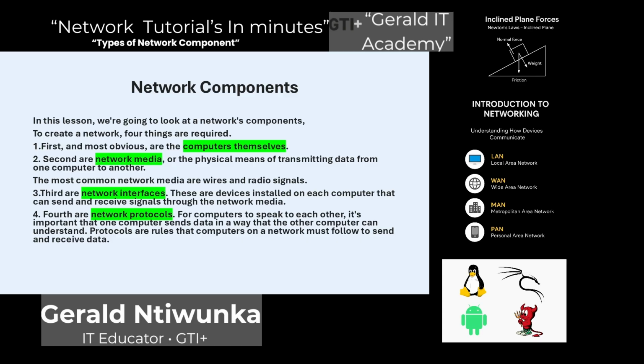Third are network interfaces, which we have talked about in some of our previous lessons. These are devices installed on each computer that can send and receive signals through the network media. The fourth are network protocols, which we will treat in this particular section.